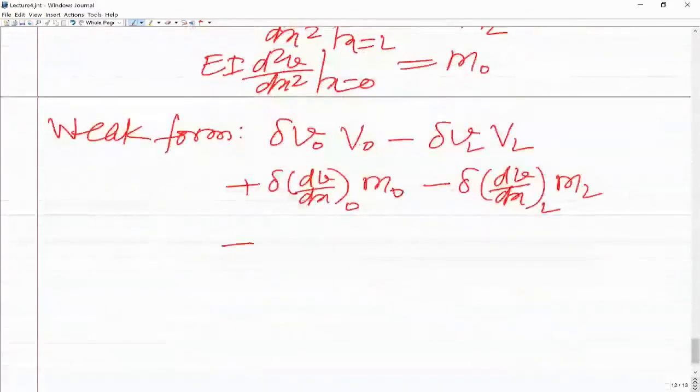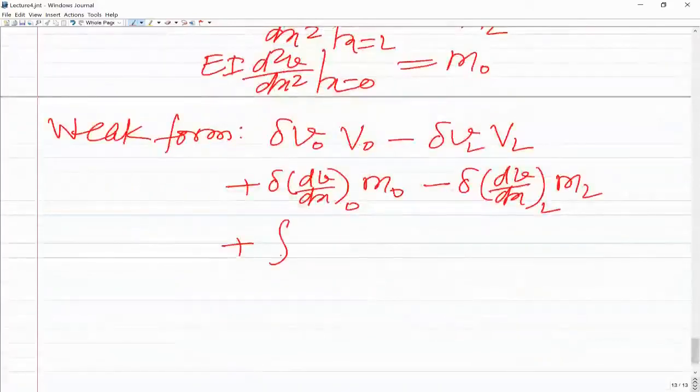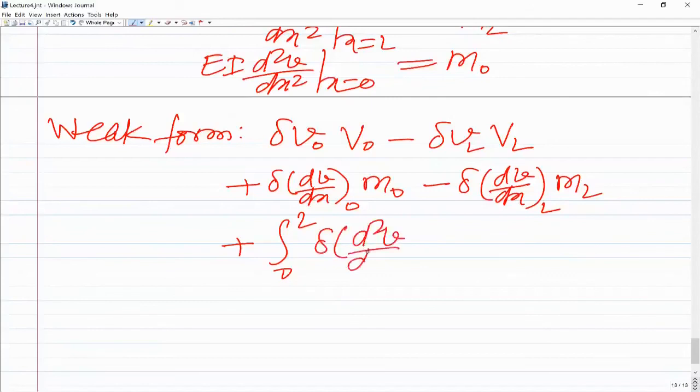And then the next term is the integral 0 to L of d2w by dx square times EI d2v by dx square dx, and w is delta v. Delta and d2 by dx square are interchangeable, so we can write that as delta of d2v by dx square.